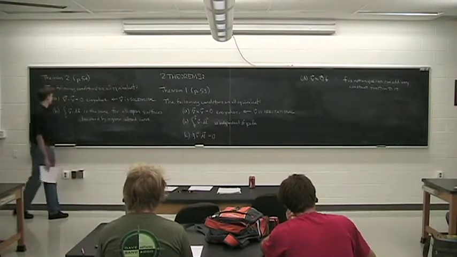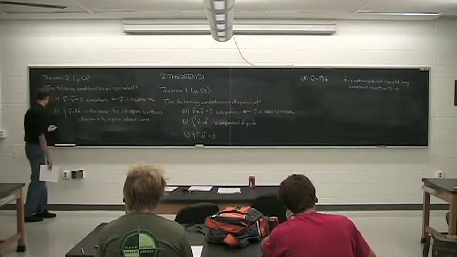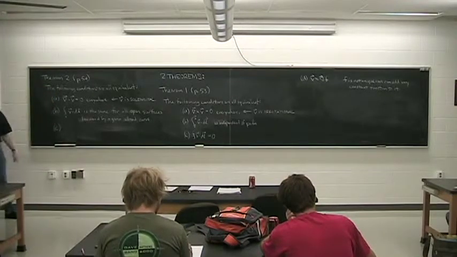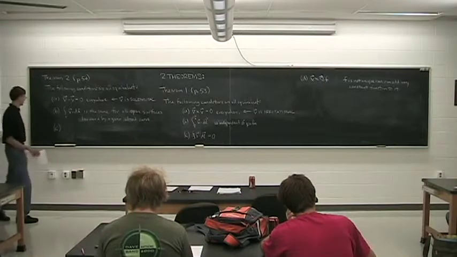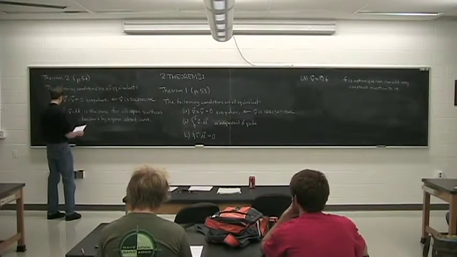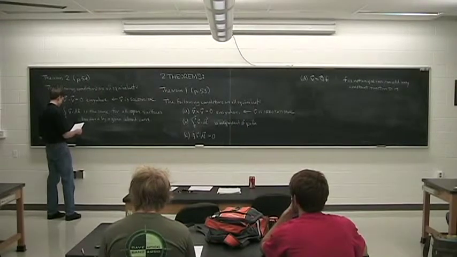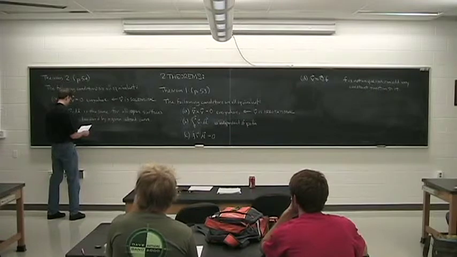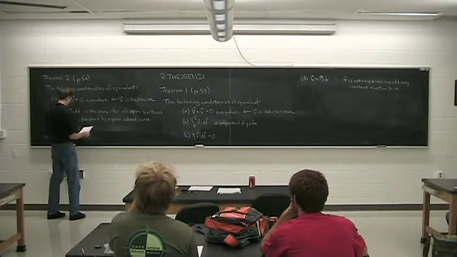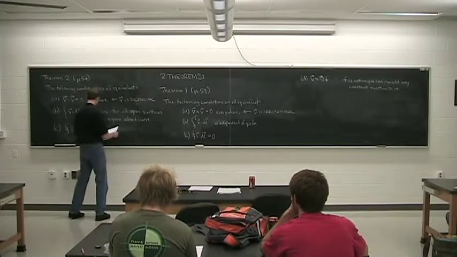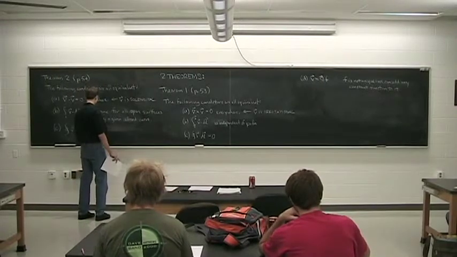So, if B is true, then A is true. If A is true, then B is true. And if those are true, then so too is C, which says that the flux of V through any closed surface is 0.